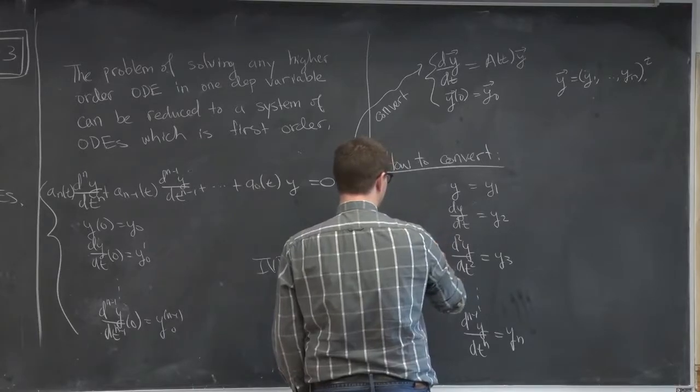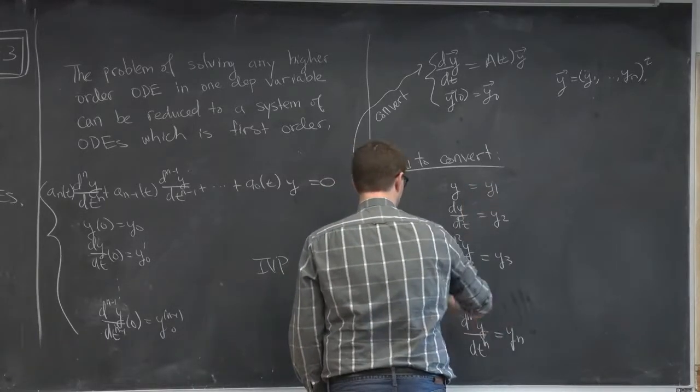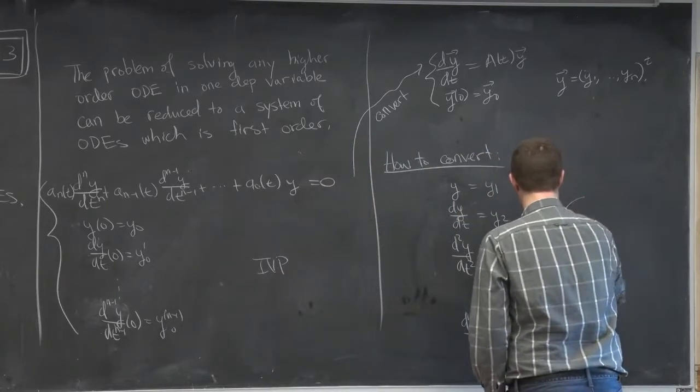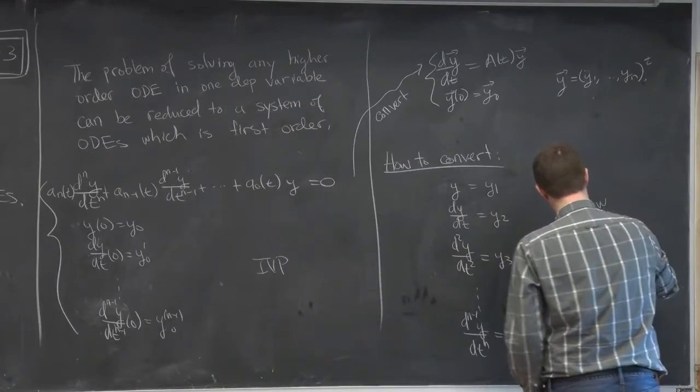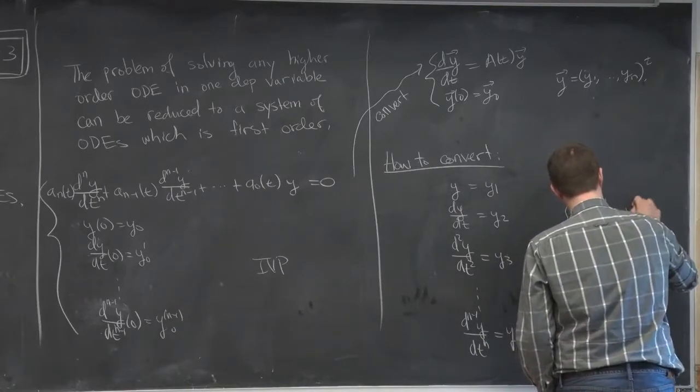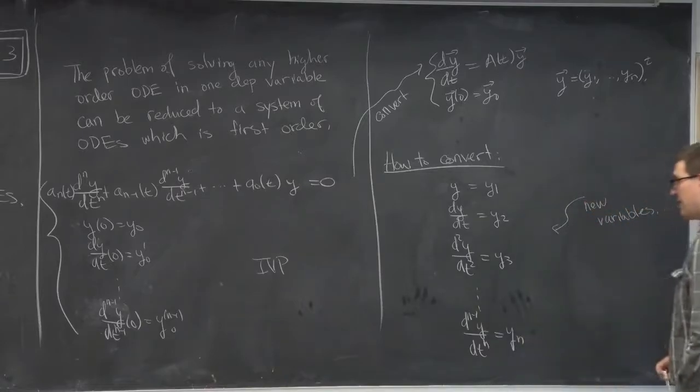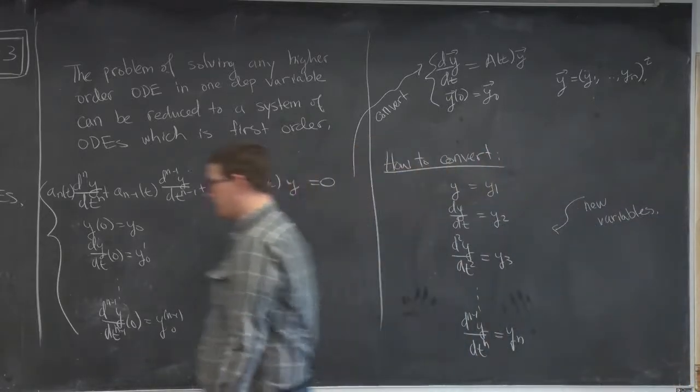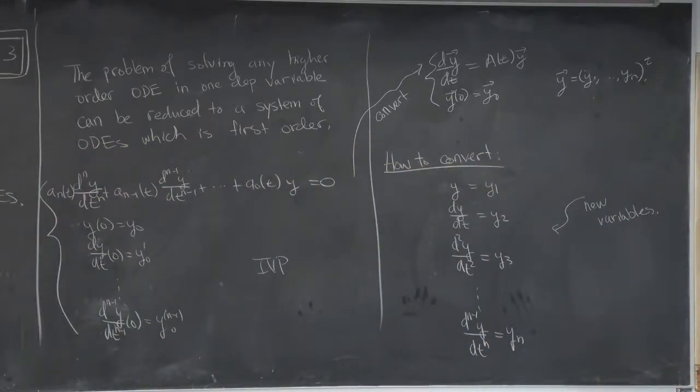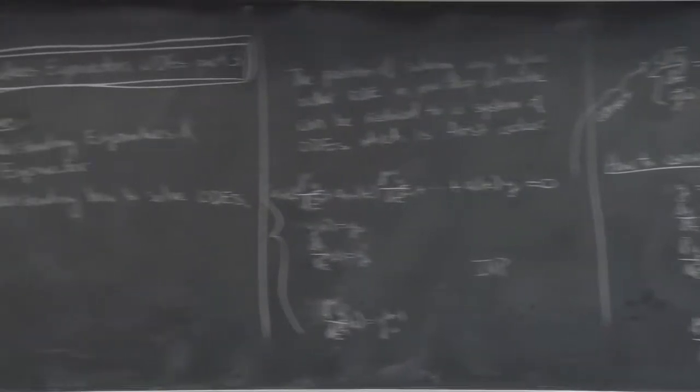Okay, so now we have these new variables. So here are the new variables. And now notice that we get a differential equation for them. So the system of differential equations becomes this.